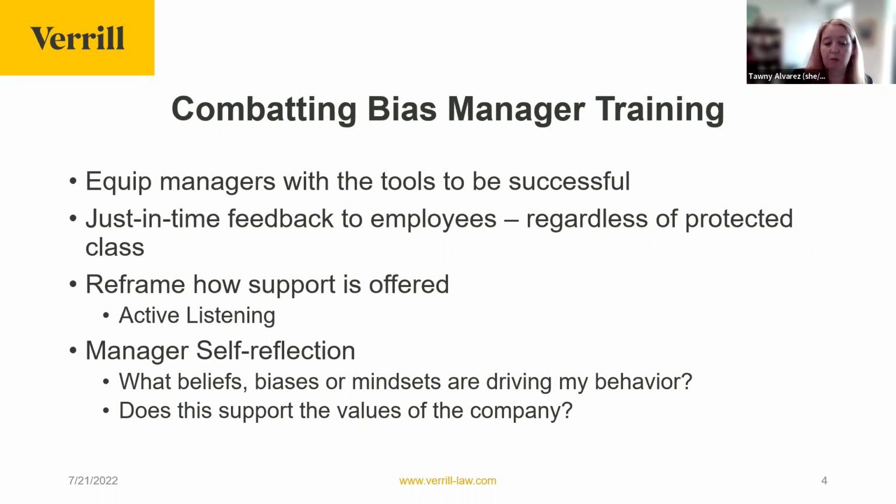And oftentimes they will then get frustrated when it's brought up later in a performance review. They'll feel as though they're not being recognized for their work. There'll be negative outcomes, which will reduce engagement. It could potentially create some imposter syndrome and maybe even result in turnover. So make sure that we have managers who are giving just-in-time feedback, regardless of protected class status.